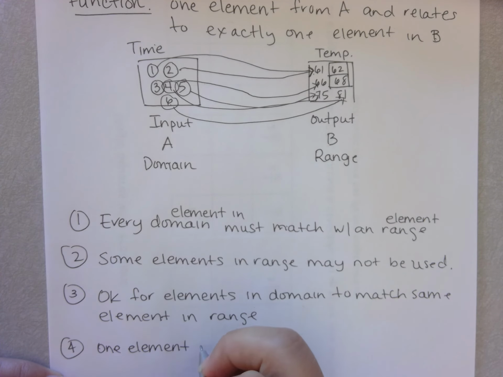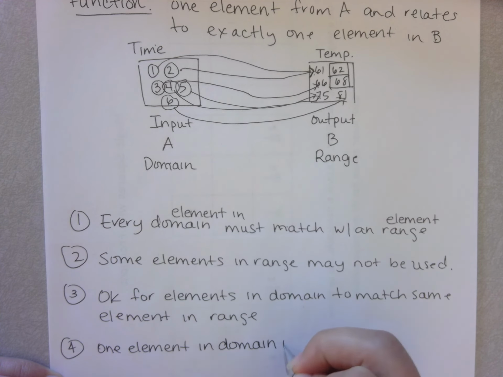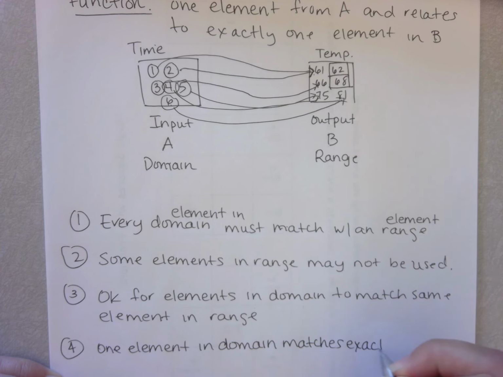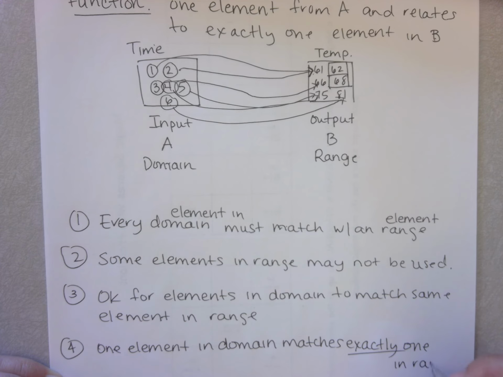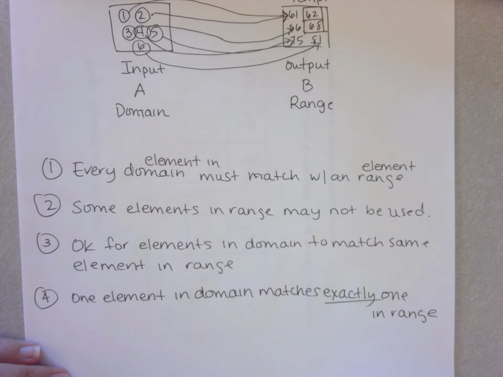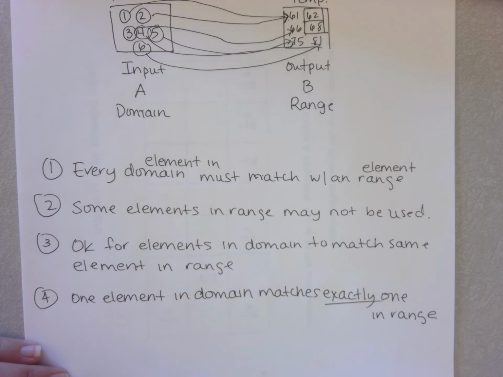So one element in the domain matches exactly one element in the range. Right, so those are how we define a function, basically. Every element in the domain has to match up with something in the range, and some elements in the range, it's okay if they're not used.